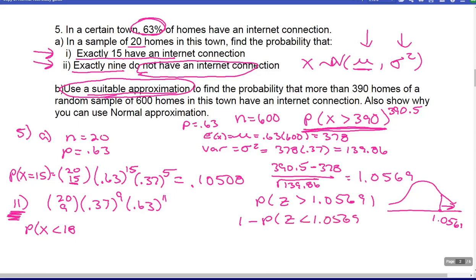Now, in your calculator, you could do this if you want. Go to your calculator and push menu 7. We're still going to do normal CD. The difference is, what's my lower boundary now?